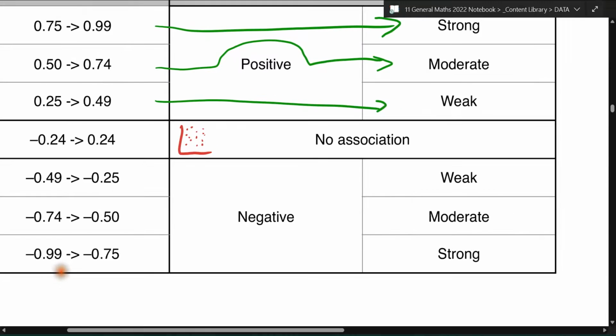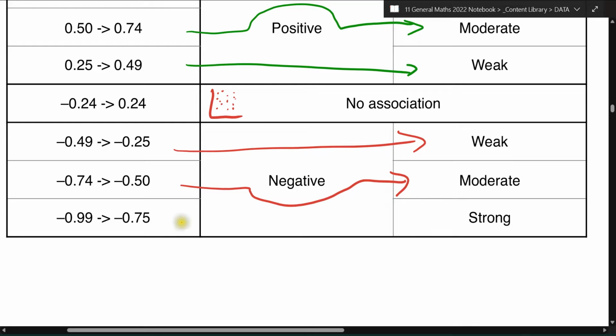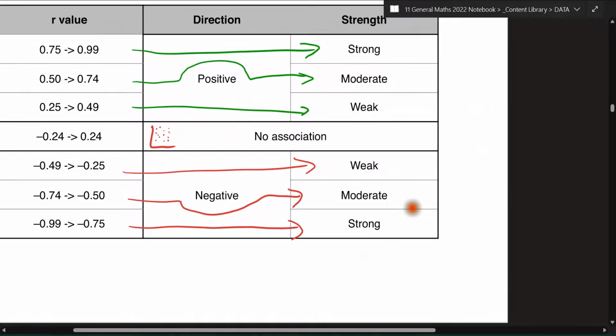With a negative graph, if it's between -0.49 and -0.25, it's going to be a weak association. Between -0.74 and -0.5, it'll be moderate, and then -0.99 and -0.75, it is strong. Okay, so just be aware of how those graphs will look when you do them.